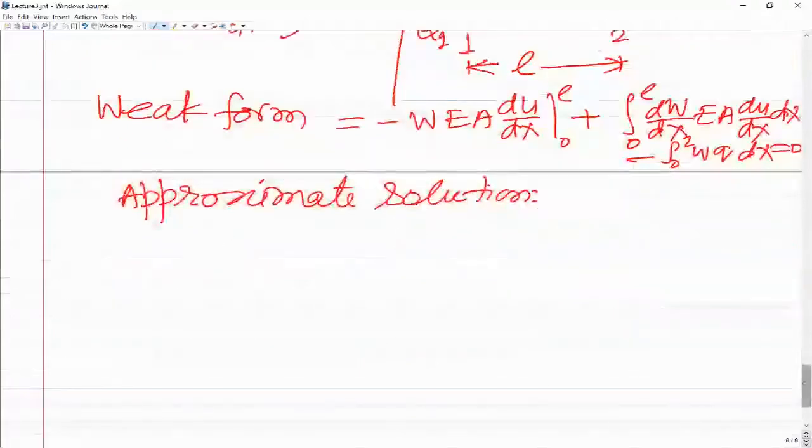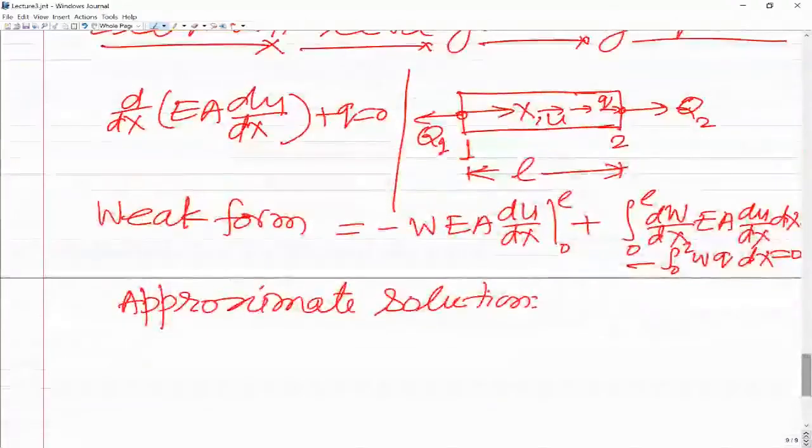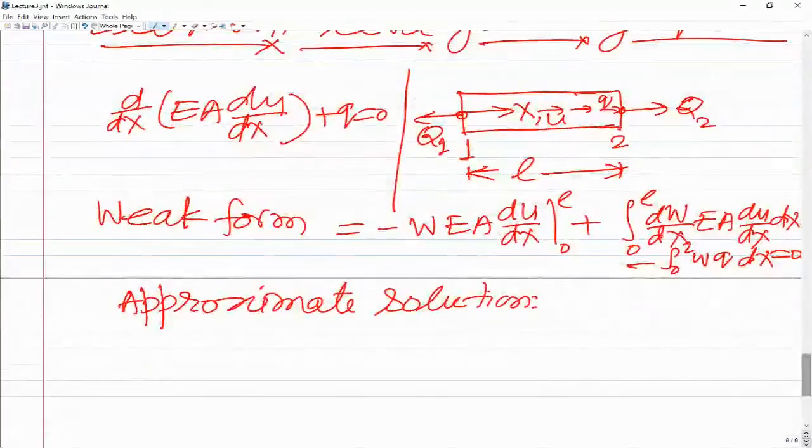We look at the integral functional, or the total potential energy functional. When we choose u, we have to see that it is differentiable up to the highest order present in the integral term. So when we assume the approximate solution, we consider three things.